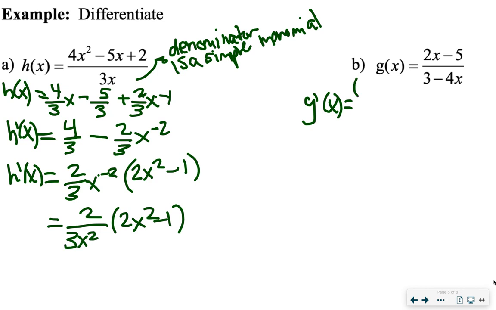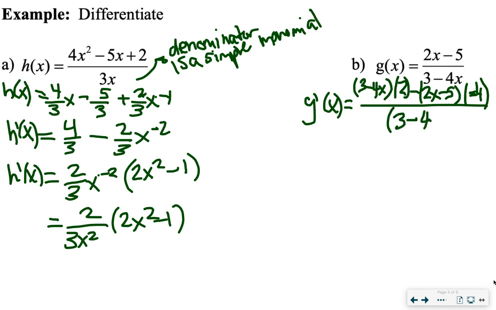Okay, so bottom 3 minus 4x, bottom d top, so the derivative of my top, which is just 2, minus my top times the derivative of my bottom, which is just negative 4, all over the bottom squared, which is 3 minus 4x squared.